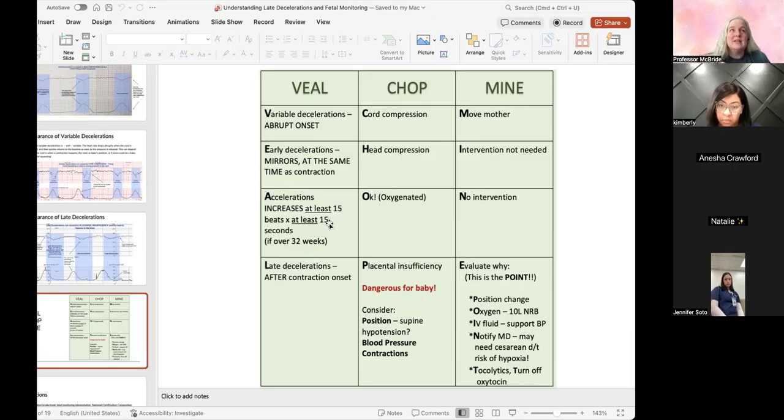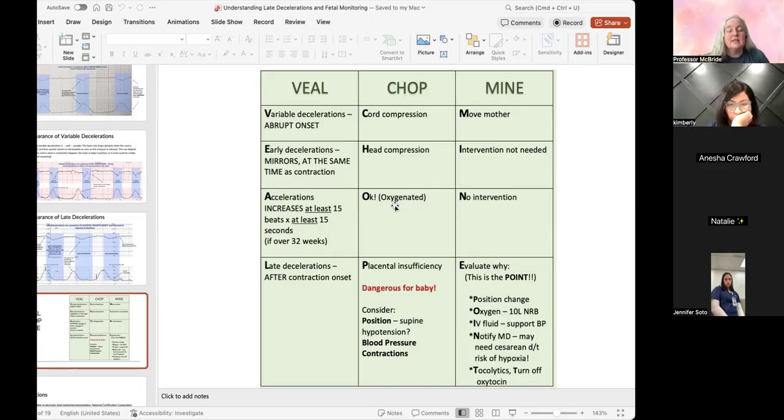But I don't necessarily think you guys get asked that. They give you that information so you know that if the baby is younger, if it's less than 32 weeks, it doesn't have to do 15 by 15, it can do 10 by 10. But any baby over 32 weeks is 15 by 15. So those are the numbers to know.